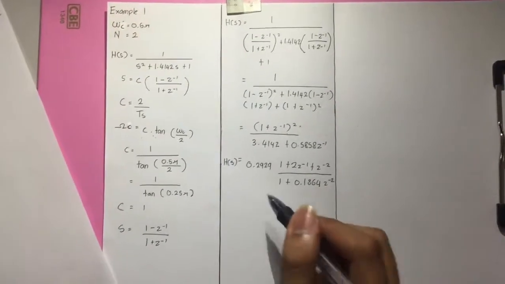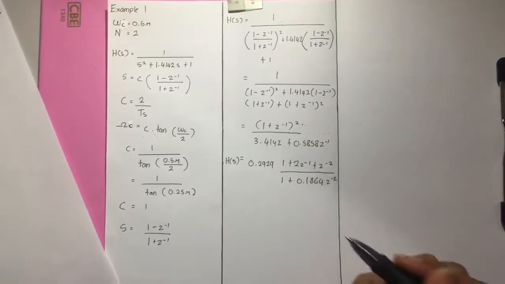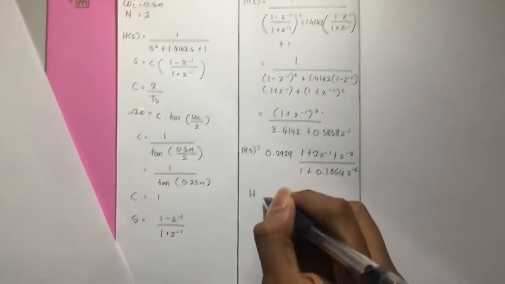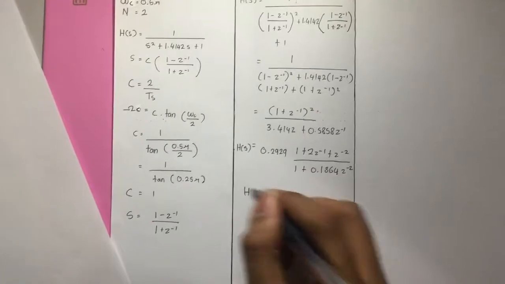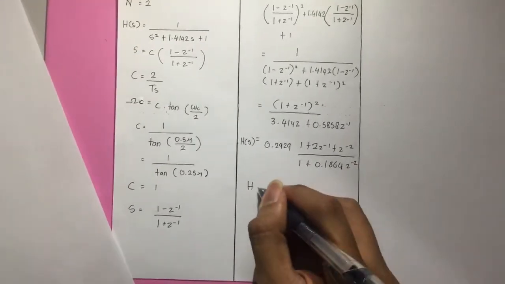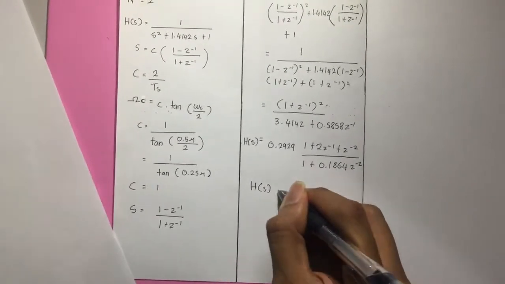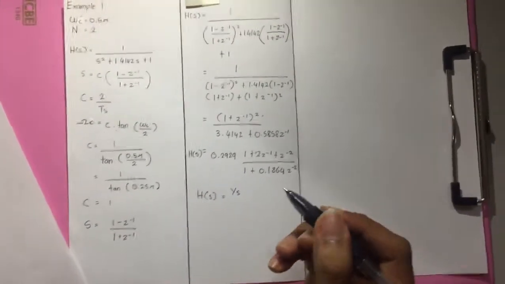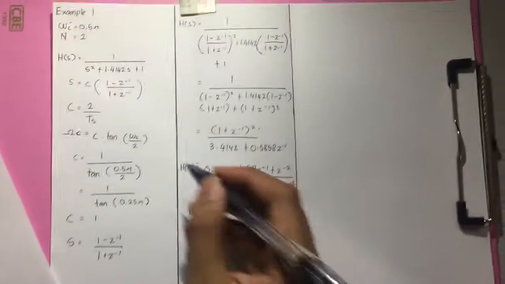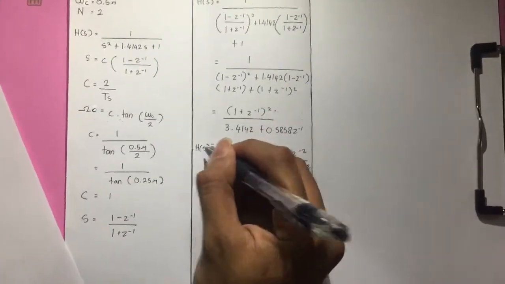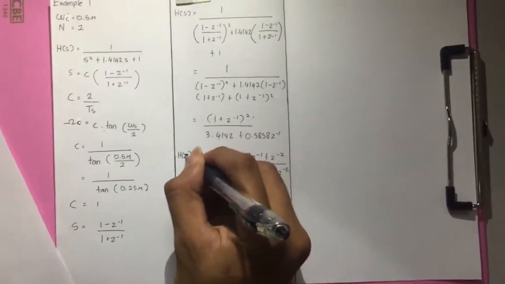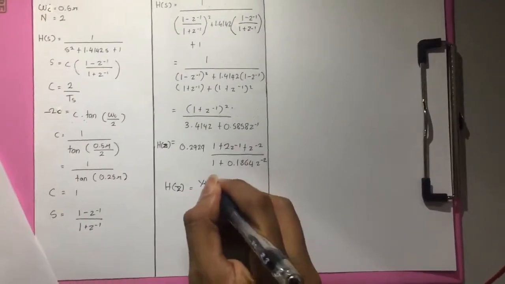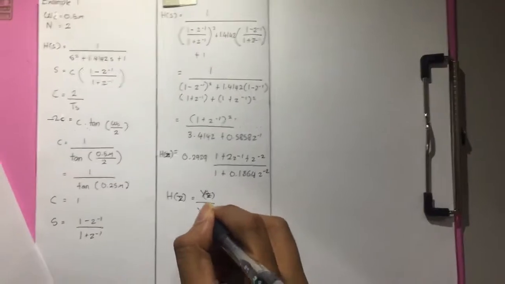And then if the question asks us to obtain the time domain representation, we need to get the yn. So HZ is equal to YZ over XZ.